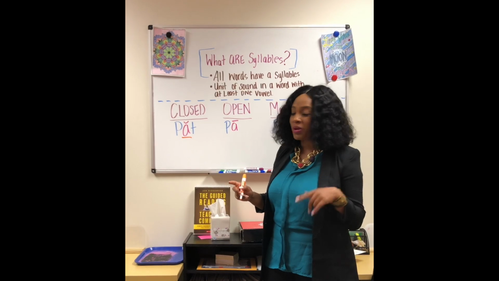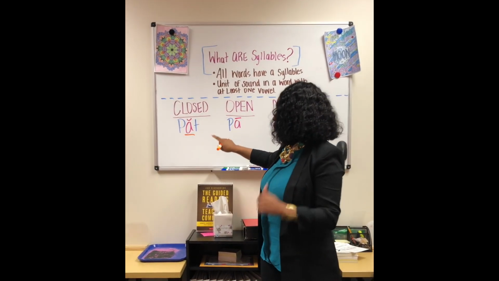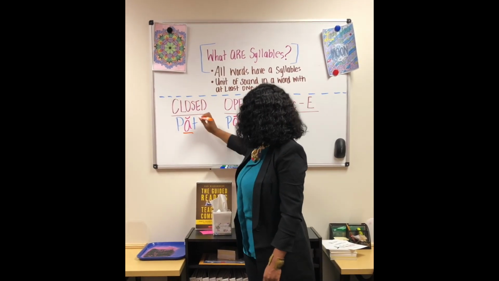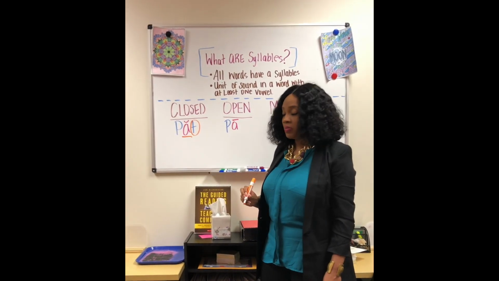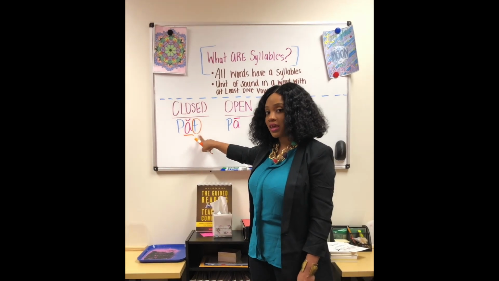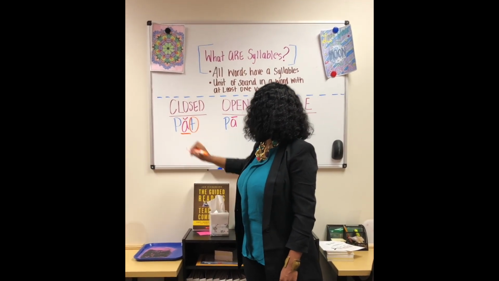I do know it represents the short sound, and we'll talk about that in a moment. The reason why this is a closed syllable is because it has the consonant T behind it. Because it has a consonant behind it, we know that this is a closed syllable.